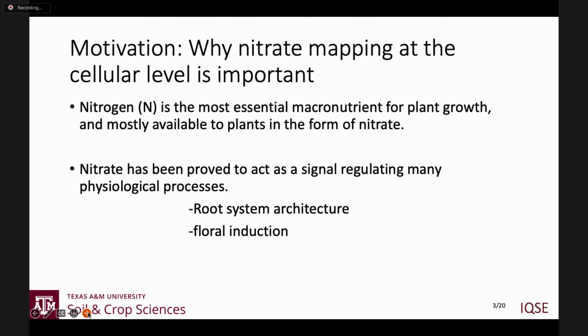And one of these things is nitrogen, that is the most essential nutrient for plant growth and is mostly available to plants in the form of nitrates, although there are some other sources too. But for this work, we basically utilize nitrate, as you will be seeing quickly after these first slides.